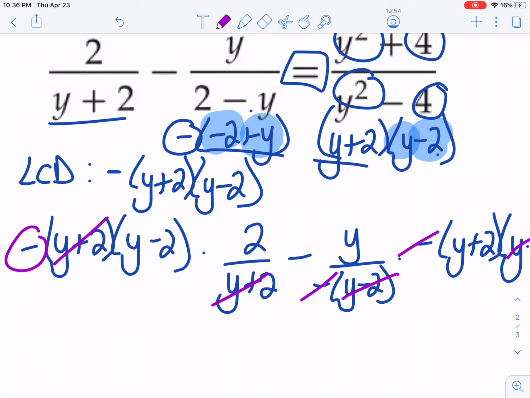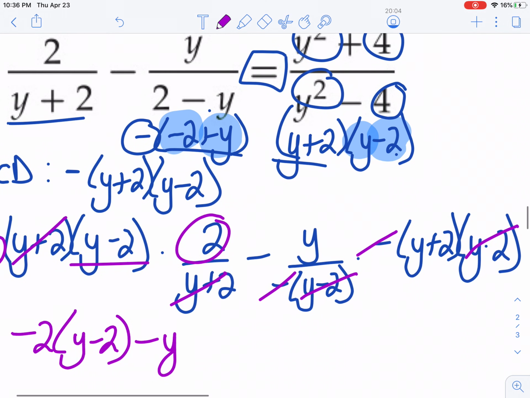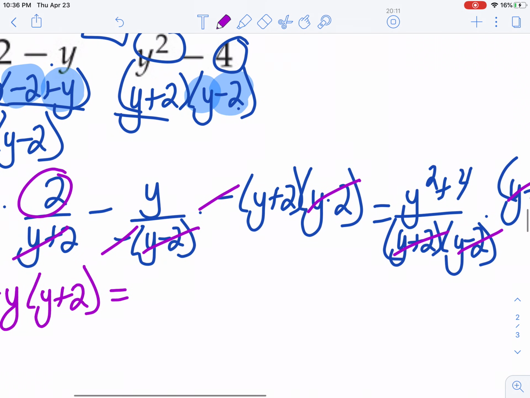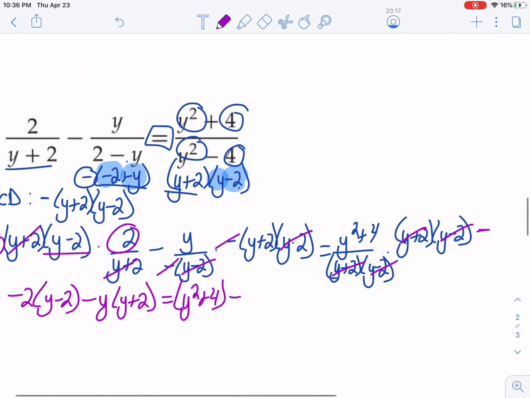got my negative out front, so negative times 2 is negative 2 times y minus 2 minus y times y plus 2 equals y squared plus 4 times my negative of my LCD.